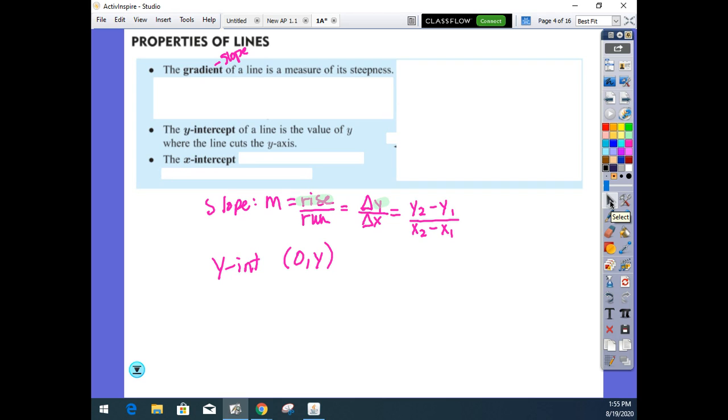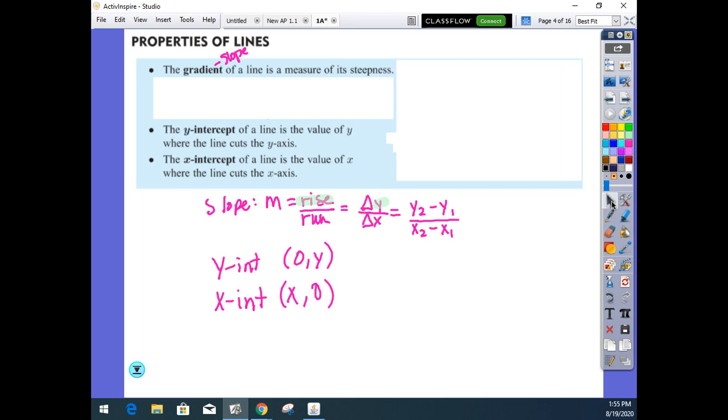Anytime you need to pause the video, please feel free. The x-intercept is just the value of x where the line crosses the x-axis. So now we have a value for the x and 0 for the y. All right.